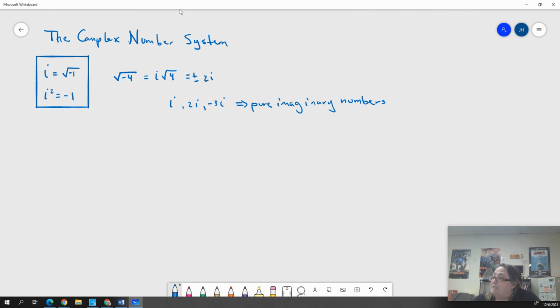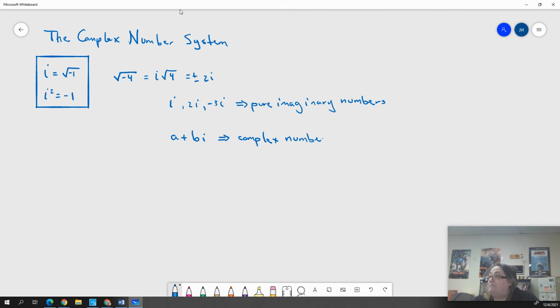But a complex number takes the form of A, either plus or minus BI. So it's a real number plus or minus a pure imaginary number, right? And this is what we consider a complex number.